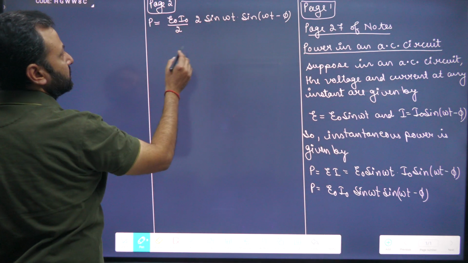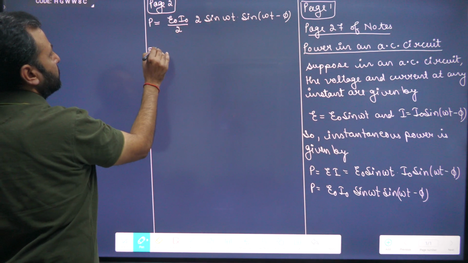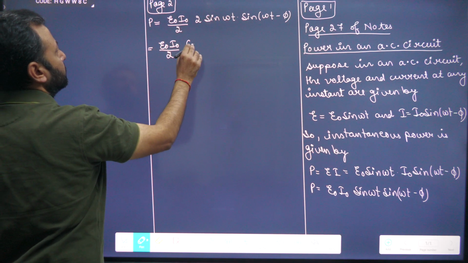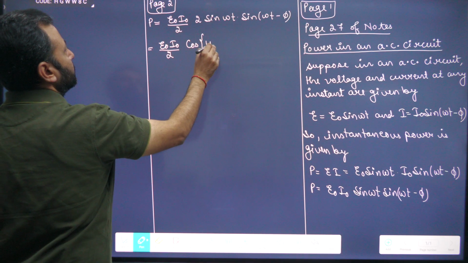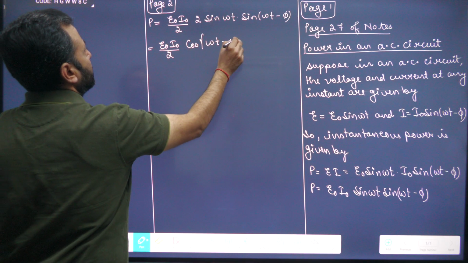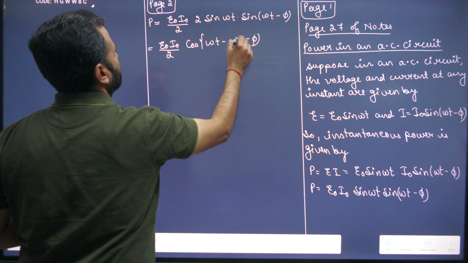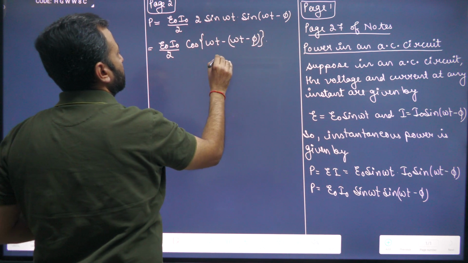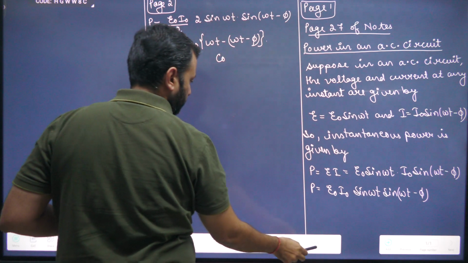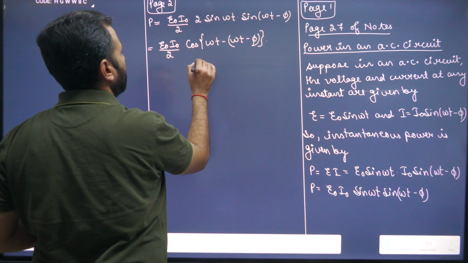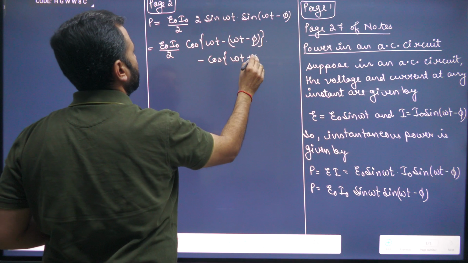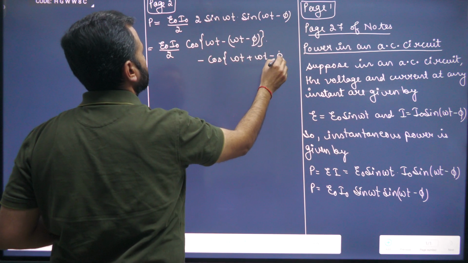So 2 sin A sin B is equal to cos A minus B minus cos A plus B, with A as omega t and B as omega t minus phi.